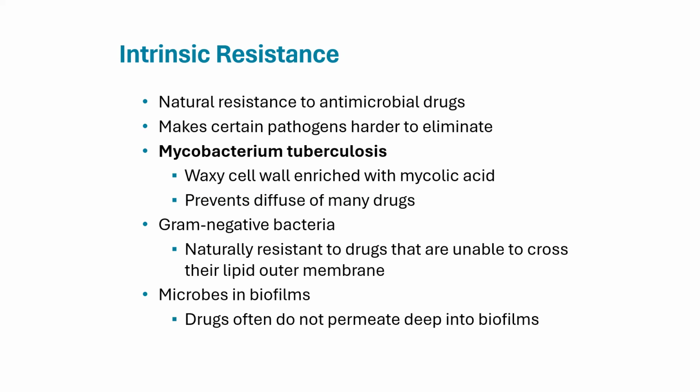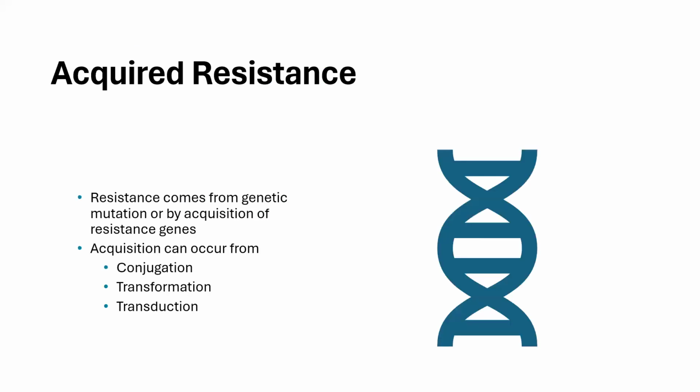Gram-negative bacteria have an outer membrane. Microbes produce biofilms that can be difficult to diffuse through as well. So these are all intrinsic resistances. Acquired resistance, on the other hand, is going to come from some sort of genetic mutation, and that's going to be through something like conjugation, transformation, or transduction.